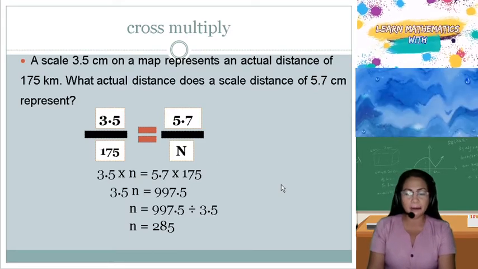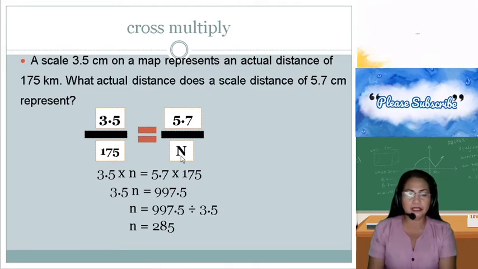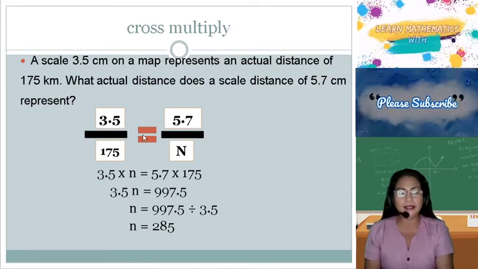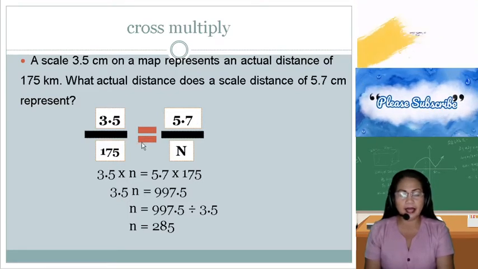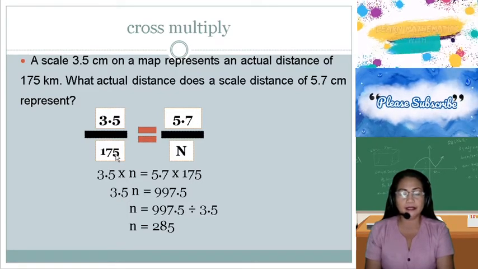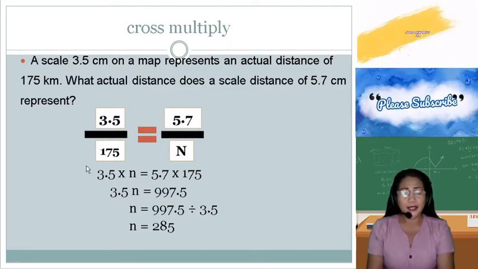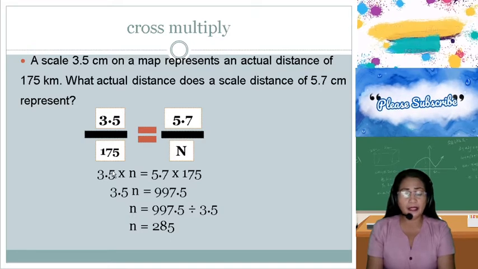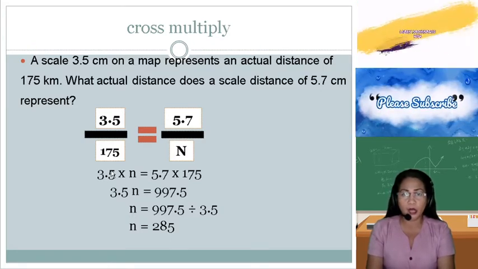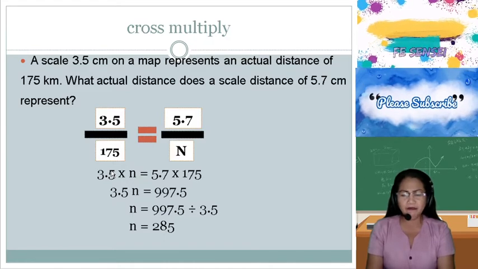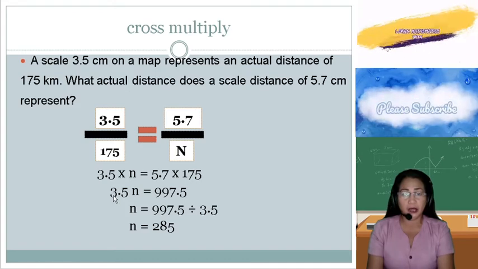By cross multiplication, 3 and 5/10 times n, and cross 5 and 7 tenths times 175. Keep it in your mind. You have to write the number with the letter, or the number with the unknown, or the number with the variable on the left side of the equation.